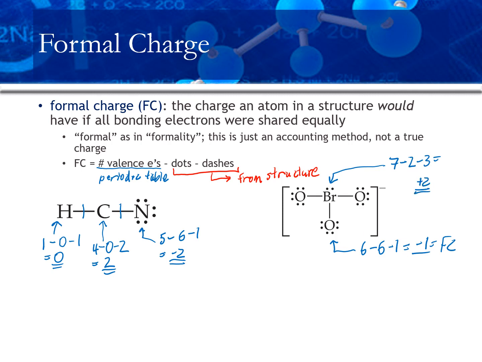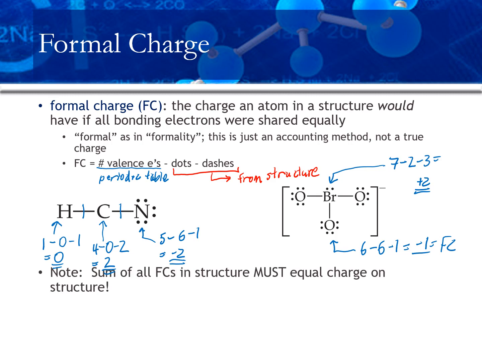Okay. Lastly, notice that if you add up all of the formal charges in a structure, it must equal the charge on the overall structure. In the first example that we looked at above, 0 plus 2 minus 2 equals 0. That's the charge on this overall species. Over here, you have to count the formal charge of -1 on each of the oxygens.